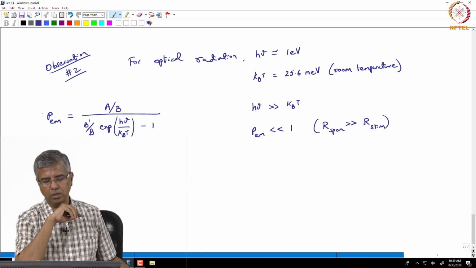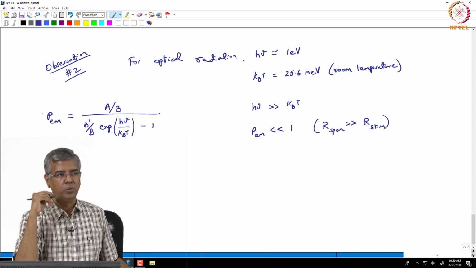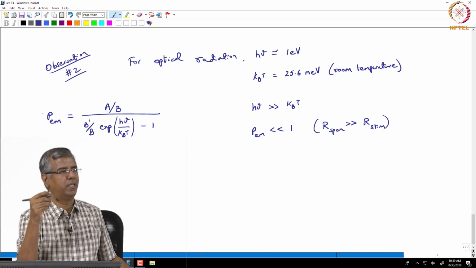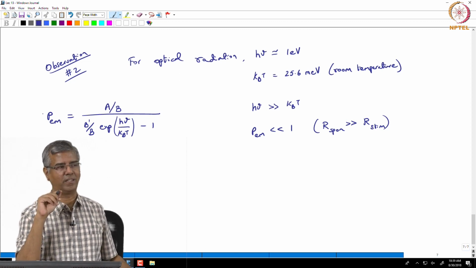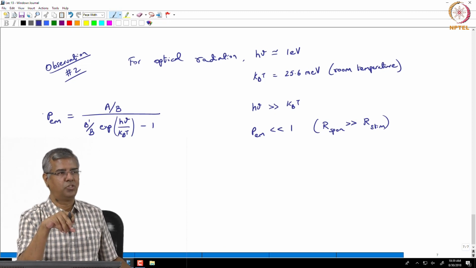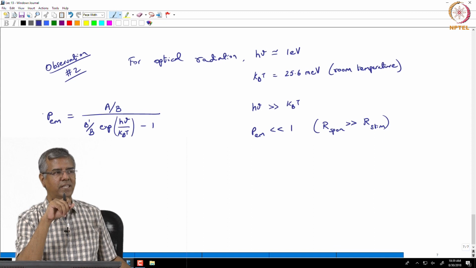Okay. So this is saying that for optical radiation you cannot get stimulated emission, or you have very low probability of getting stimulated emission, unless what? All this expression has assumed one specific condition. What is that condition?